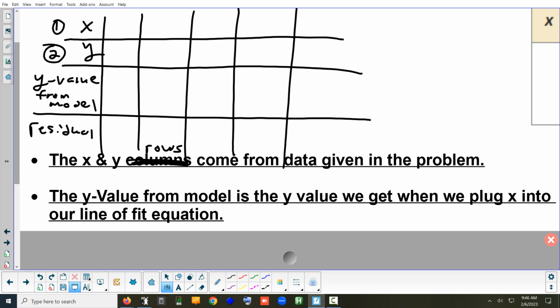Now, sometimes they may give you the model. If they give you the equation, then you don't have to worry about finding the slope and the y-intercept. They may just give it to you. I think in the first problem we do, they're going to give you an equation that models the data.